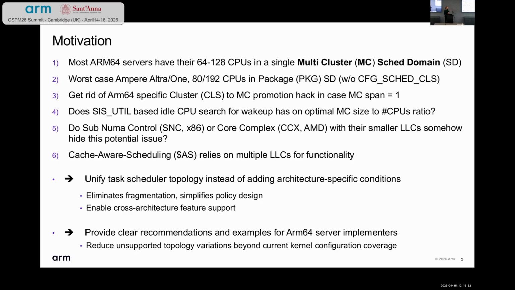The fourth question is about the sysutil-based mechanism to figure out how many CPUs we scan in the MC domain to find an idle one. We ask ourselves, is there an optimal ratio between MC size and the number of CPUs of a machine? Because if you only have one MC domain, it's a one-to-one correspondence.